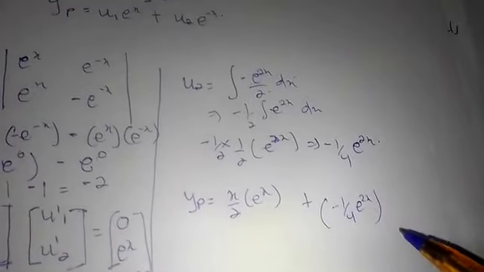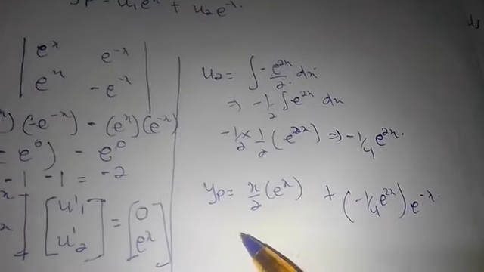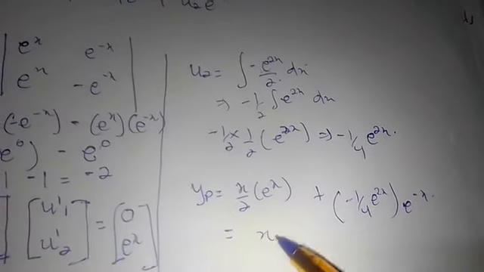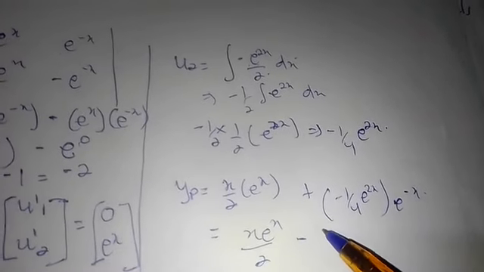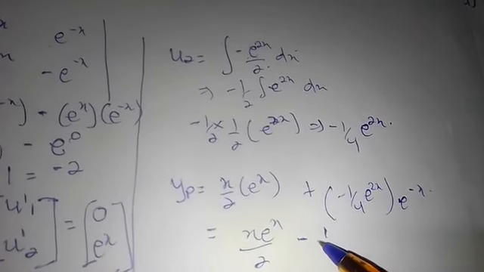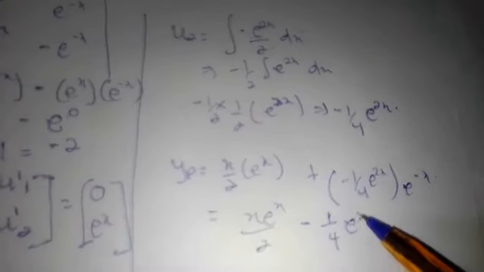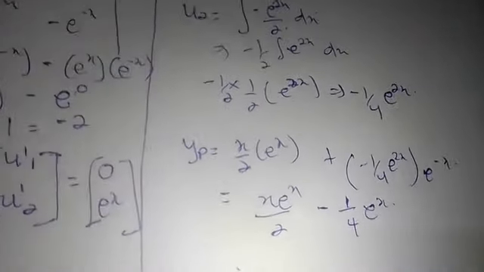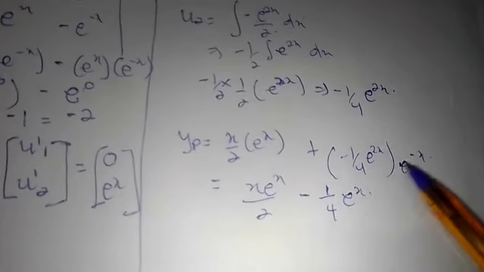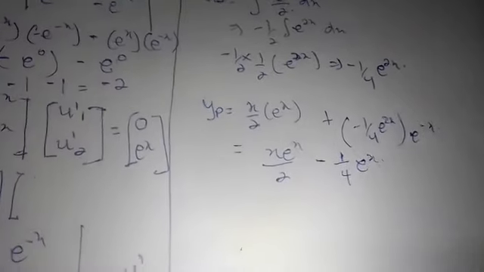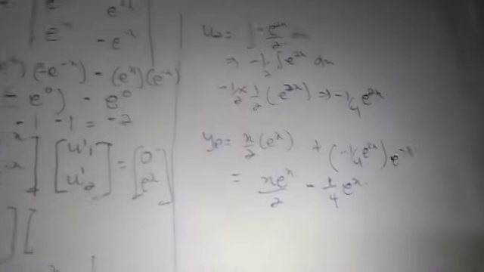Once I have this, I get x e to the power x all over 2 minus 1 over 4 e to the power x, because with the same base, 2x minus x, the powers add. So that is how we go about it. Now this is what I'm getting for my yp.